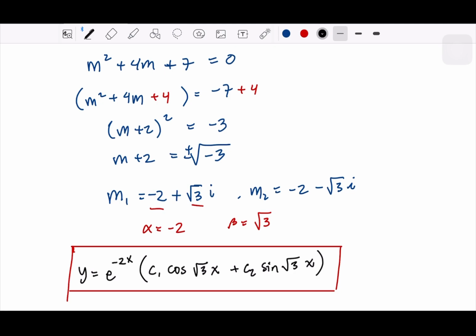If we have the initial condition, then we can apply the initial condition and find these constants, and we can find the real solution. Okay, any questions?